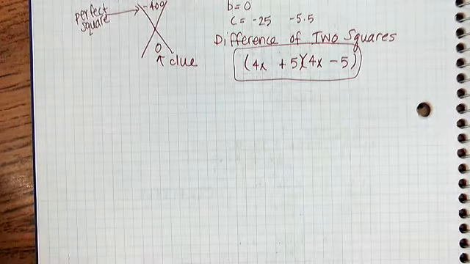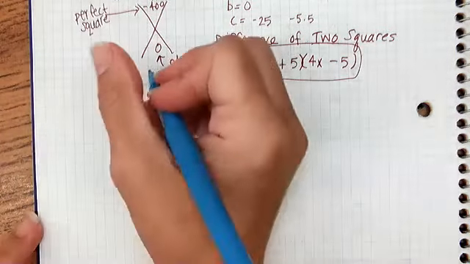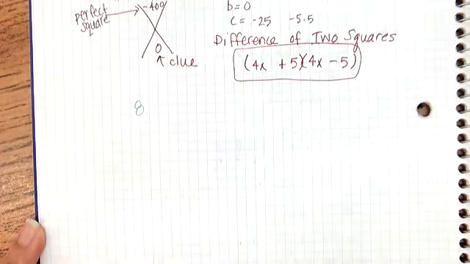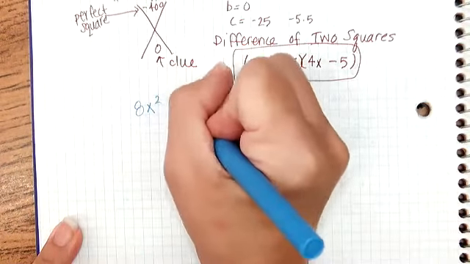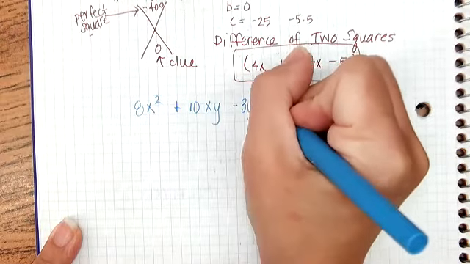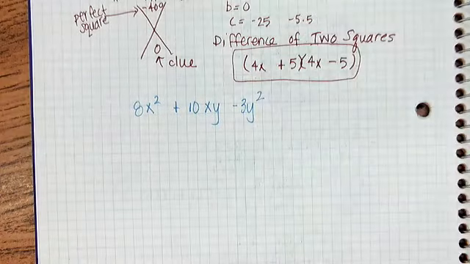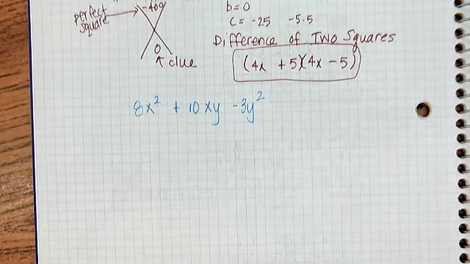Okay, one last example. 8x squared plus 10xy minus 3y squared. Double variable, so what? A is 8, no shortcut.